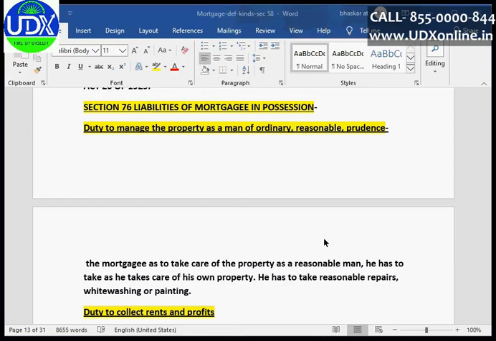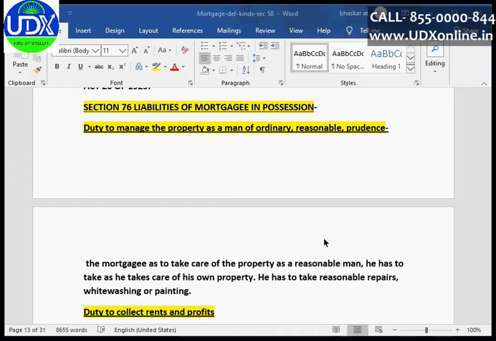Now, what kind of thing does he have to take? You know, if it is your own house, either with servants or without servants, every day you will take care of that property. You will keep neat and tidy the entire property.